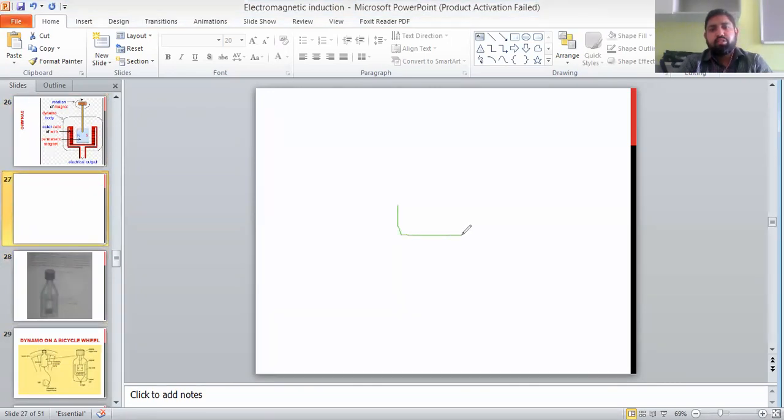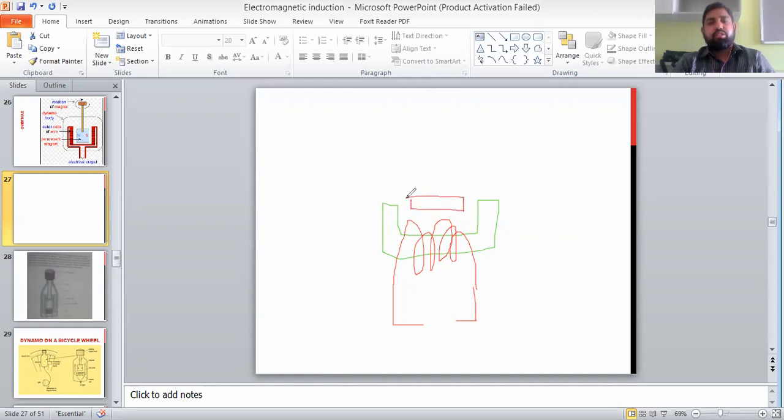We have a soft iron U-shaped material, and we wind some wire on it. That's a simple winding. It doesn't happen like that in practical. So this is a wire with two ends A and B, for example, and we have a magnet inside it.